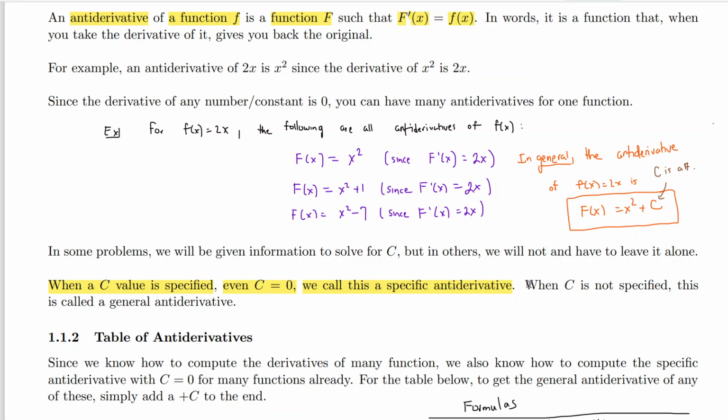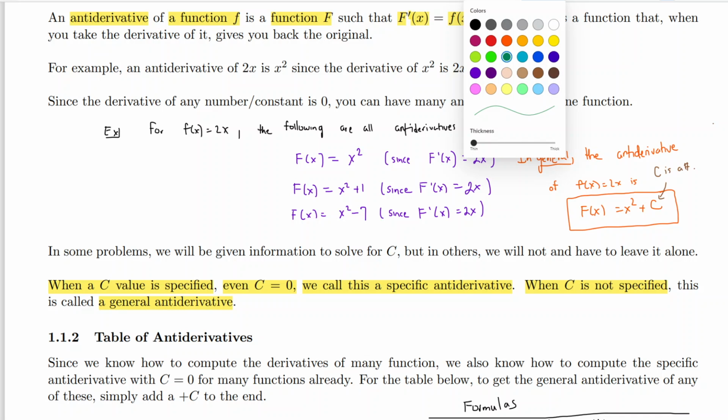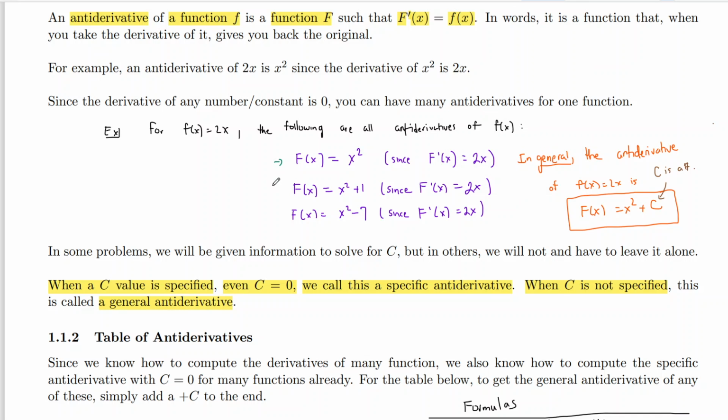And when c is not specified, we call this a general antiderivative. So in terms of what we have above, all of these are specific antiderivatives because we have a value for c. C is 0 here, c is 1 here, c is -7 here. These are specific antiderivatives.